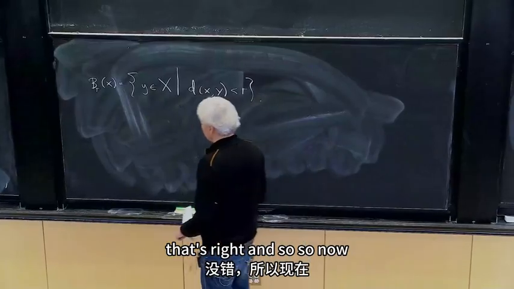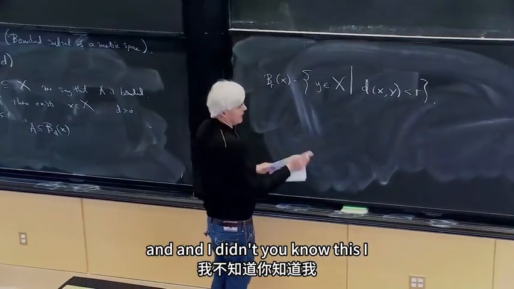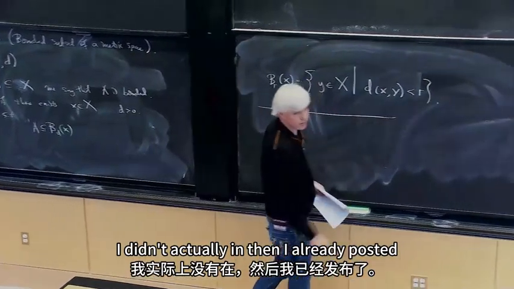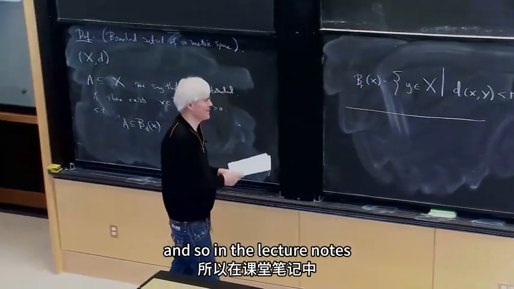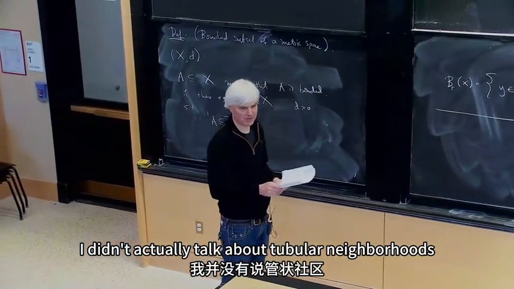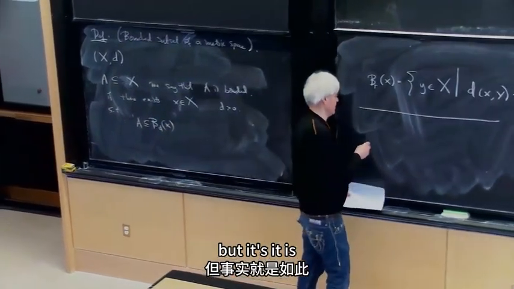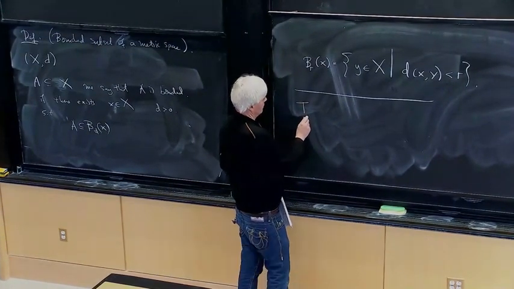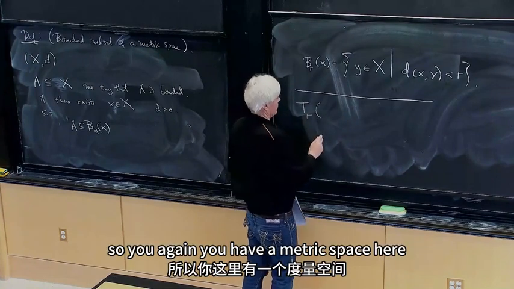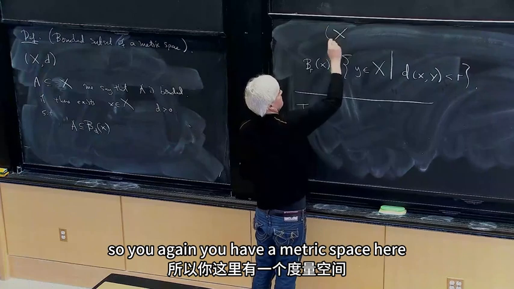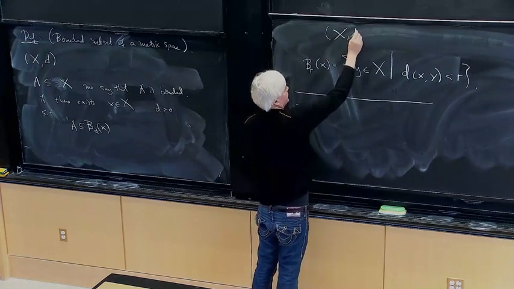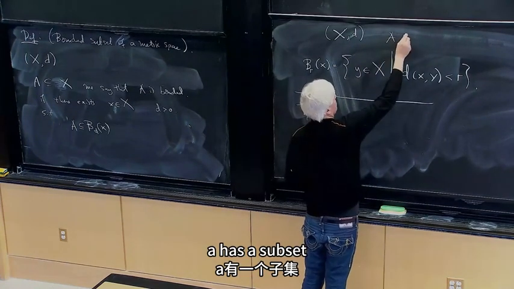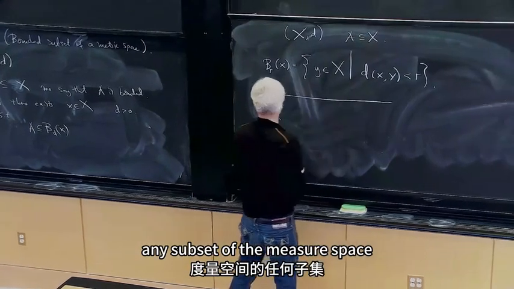I already posted the lecture notes, and in the lecture notes I didn't actually talk about tubular neighborhoods, but it maybe is worth thinking about. So you have a metric space here, and A is any subset of the metric space.